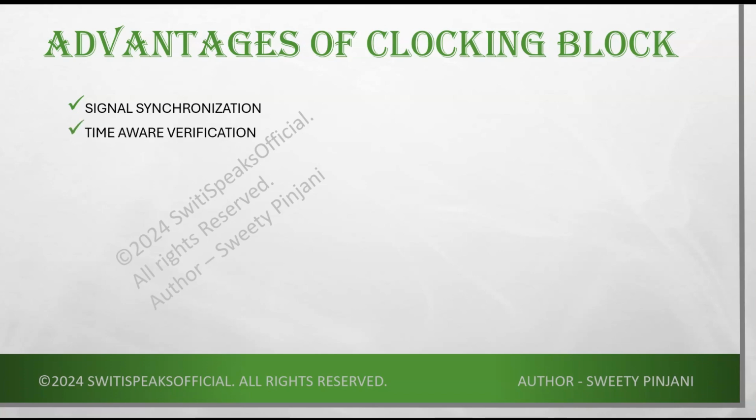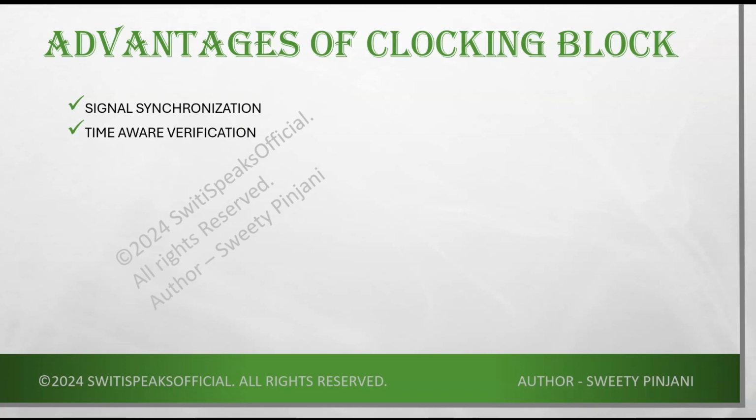The second advantage of clocking block is time aware verification. In clocking block, the signals are synchronized. This is one very important point. Since the signals are already synchronized in your clocking block, they can be used to write assertions and functional coverage, which could otherwise be prone to race conditions.